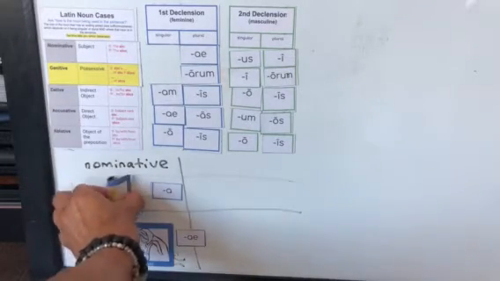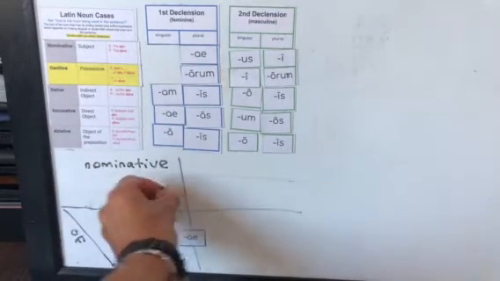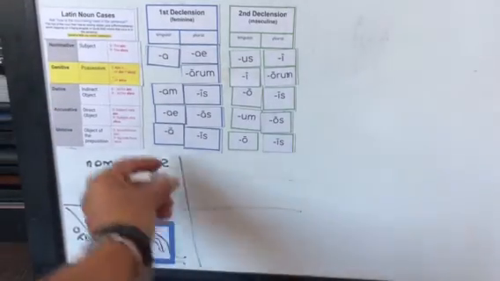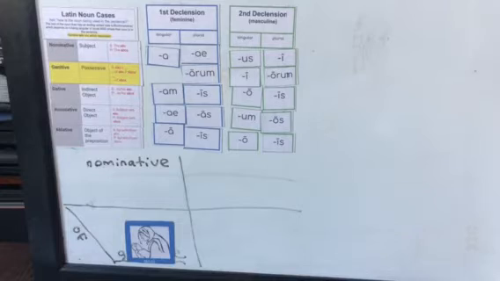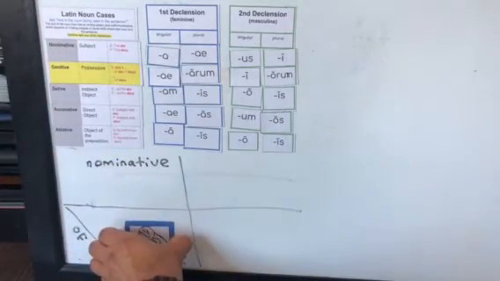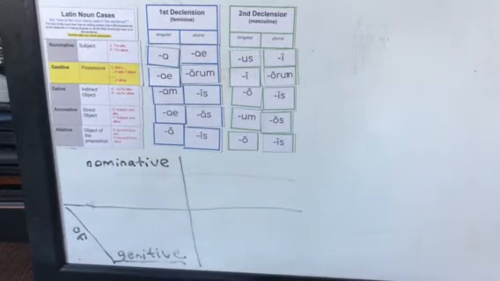Okay. So number 7 is Victoria Christianorum. Victoria Christianorum. And so your subject is going to be Victoria.